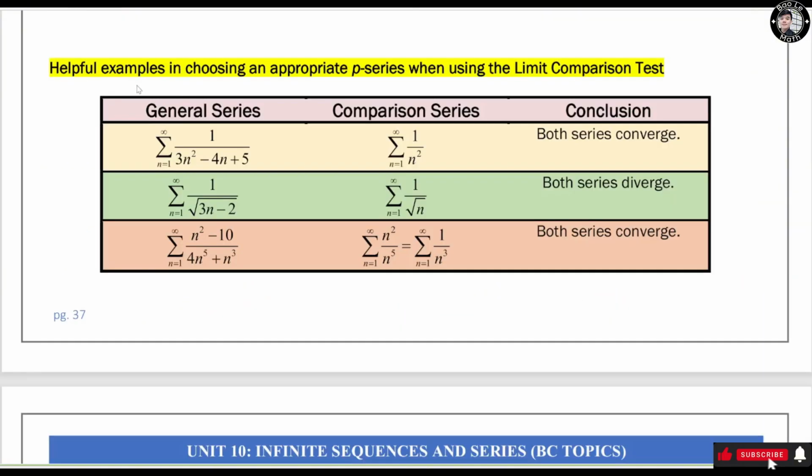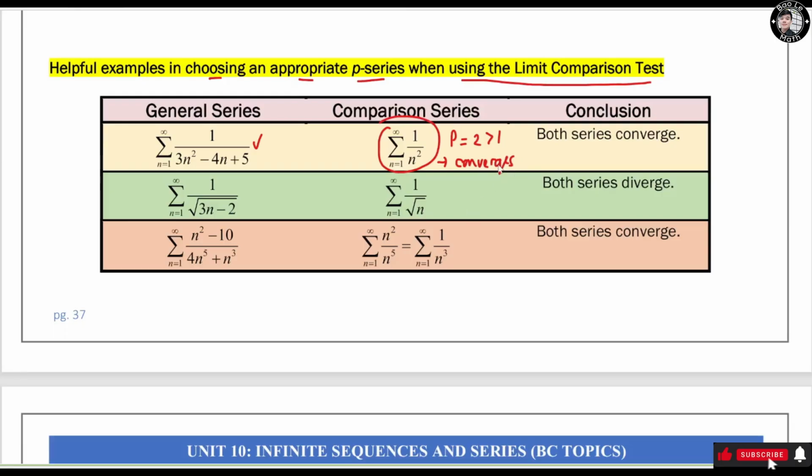Now you have helpful examples in choosing an appropriate p-series when using the limit comparison test. Alright, when it comes to this one, you need to use this guy right here. And this guy is actually the p-series where p is greater than 1, and this converges by the p-series test, right?